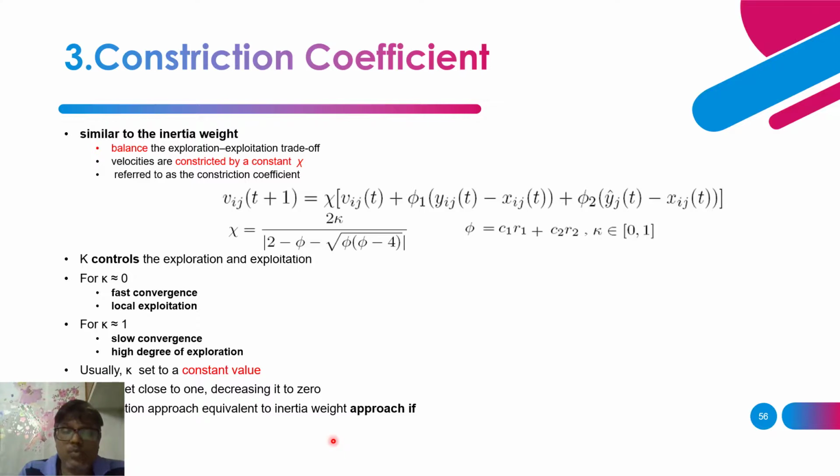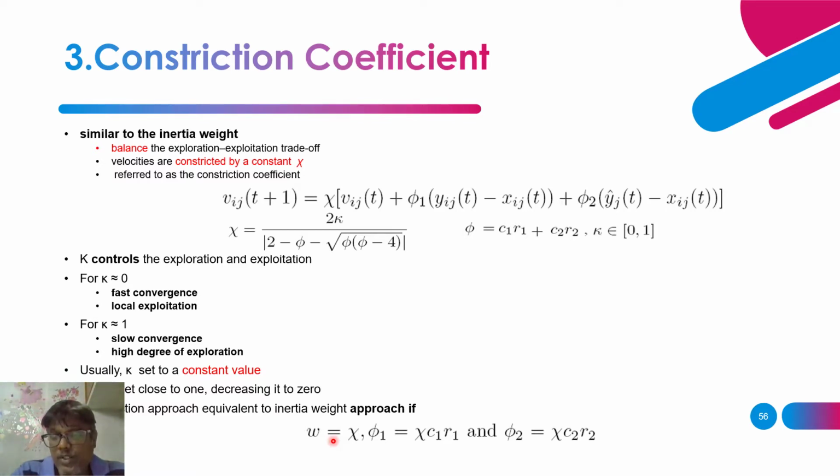If k is equal to 0, it converges fast and local exploitation takes place. And in case k is approximately equal to 1, then slow convergence takes place and a high degree of exploration will take place. Usually k will be set to a constant value, or first set close to 1 and then decreased to 0. The constriction approach is equivalent to the inertia weight approach if w equals chi and phi 1 is equal to chi into c1 into r1 and phi 2 is equal to chi into c2 into r2.